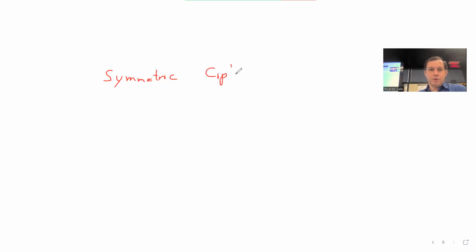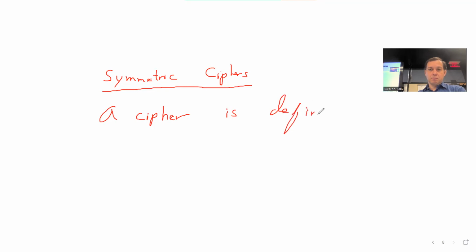A cipher is defined formally as a pair of efficient algorithms E comma D.